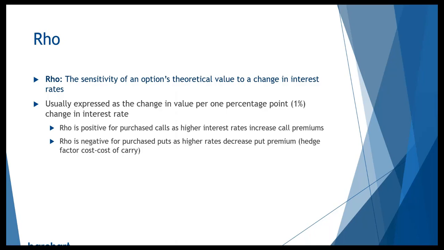Really all I want you to understand is that Rho is positive for calls in higher interest rate environments, and Rho is negative for puts in higher interest rate environments. This comes down to the cost of money, or the hedging factor, or the cost to carry, however you want to define it.